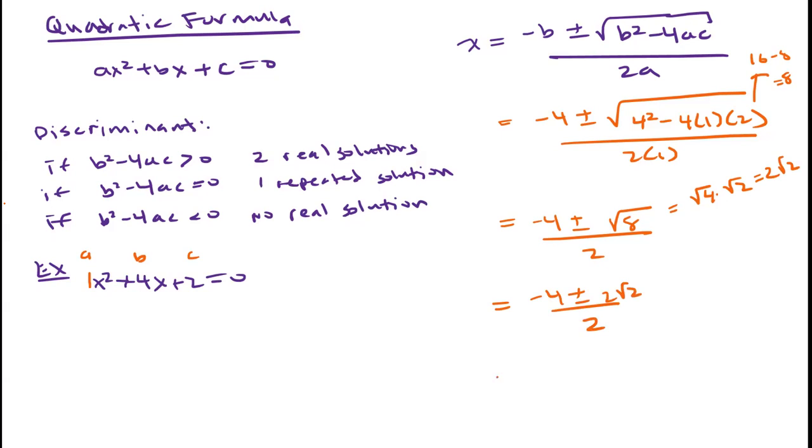Notice that each one of these has a factor of 2, so I can factor out a 2, and that will leave me with negative 2 plus or minus square root of 2, divided by 2. Now I can cancel the 2's, one on top, one on the bottom, and we're left with negative 2 plus or minus the square root of 2. That is our answer.